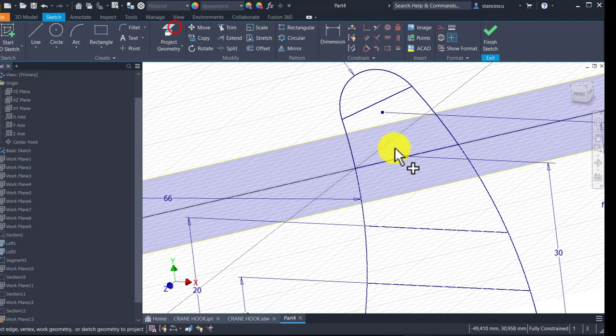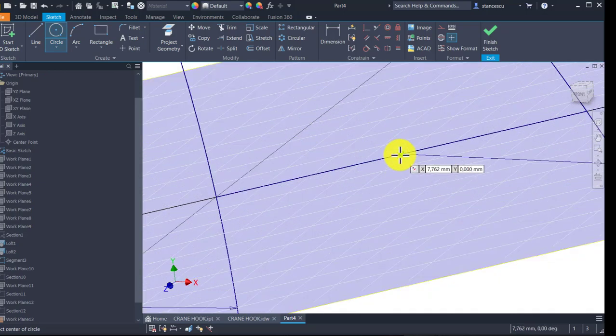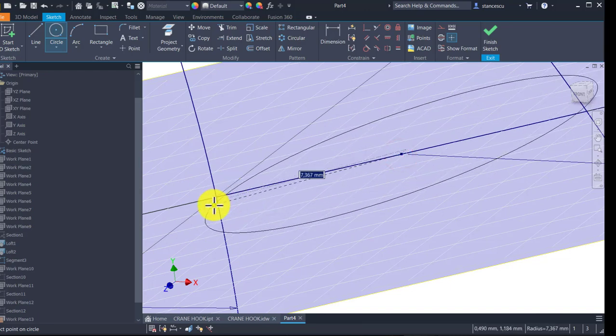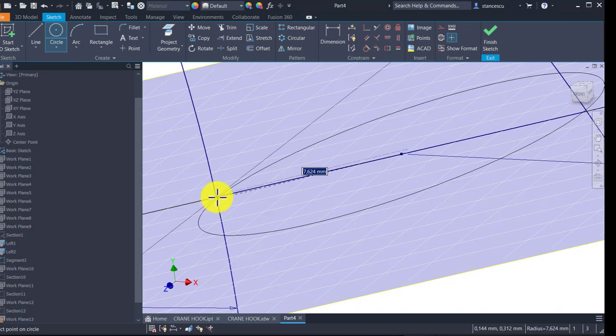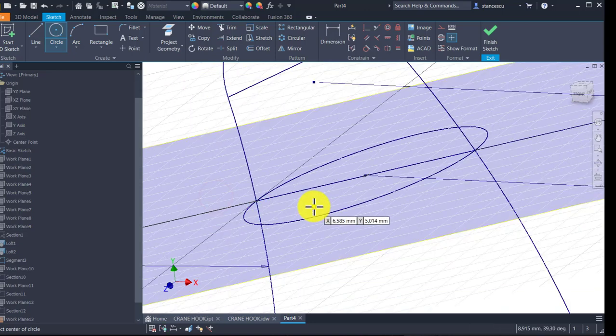Project, diameter, circle, this is the center, and this is the end. If I catch it, I catch it.